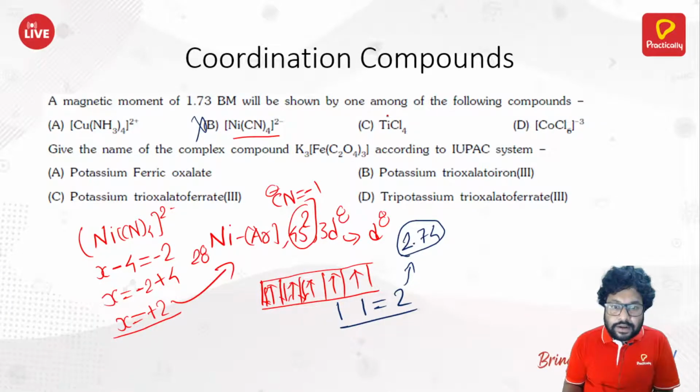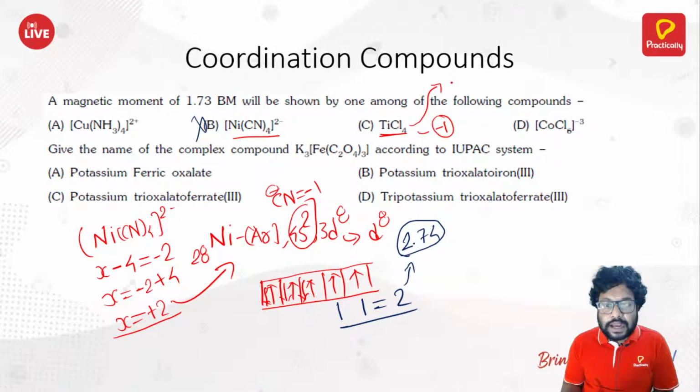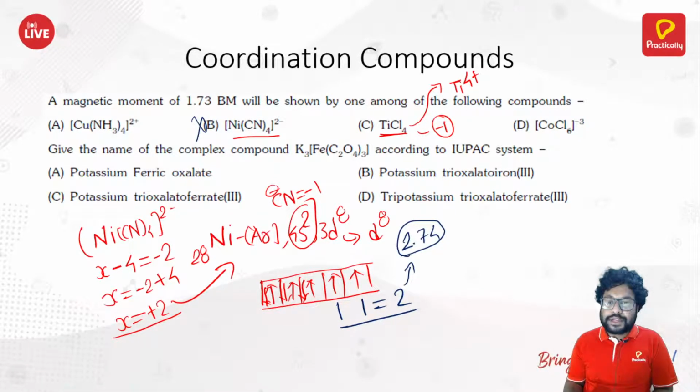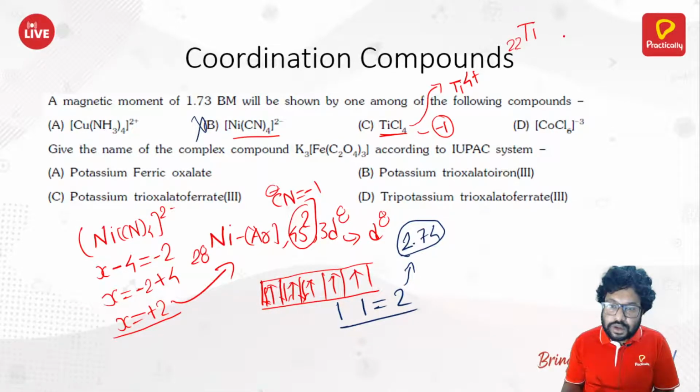Now TiCl4. If you take TiCl4, each chlorine is in a minus 1, right? So 4 chlorine must be in a minus 4, and therefore titanium must be present in a plus 4, right? What is the atomic number of titanium? It's 22.